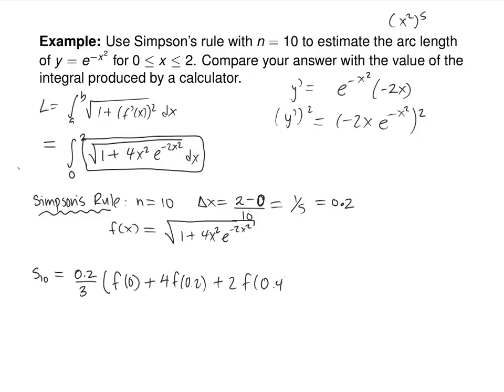Blah, blah, blah. What should your second to last term be? 4 f of 1.8. And lastly, you should have f of 2. That should come out to be approximately 2.28 about.